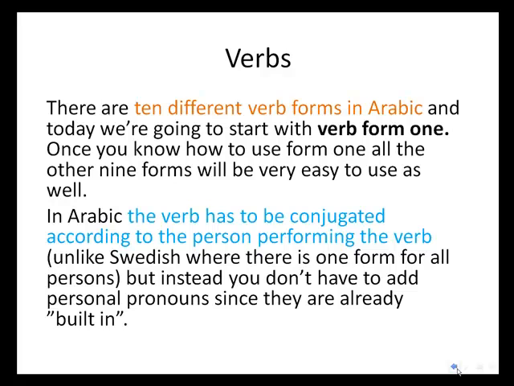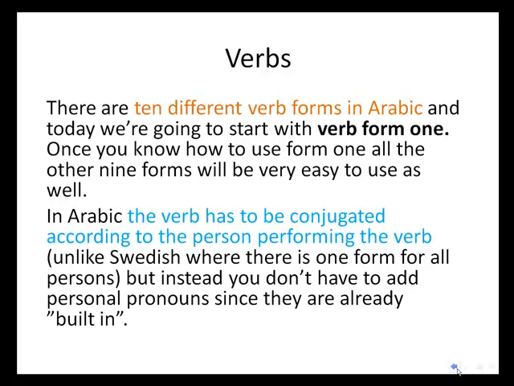The verbs in Arabic have to be conjugated according to who is performing the verb. In Swedish, for example, the verb stays the same, whoever is performing it. In English, there's a slight change. I do, he does, she does, etc. But there are not that many forms. In Arabic, all persons have their special verb form.